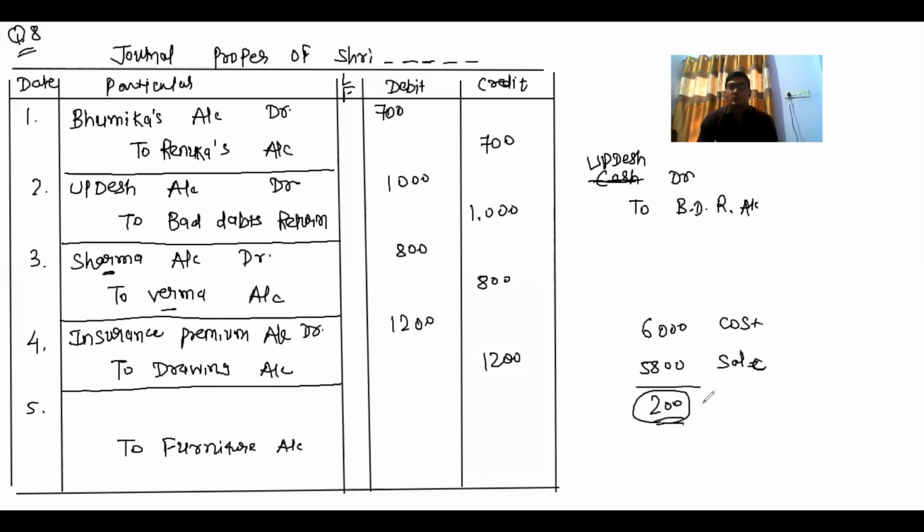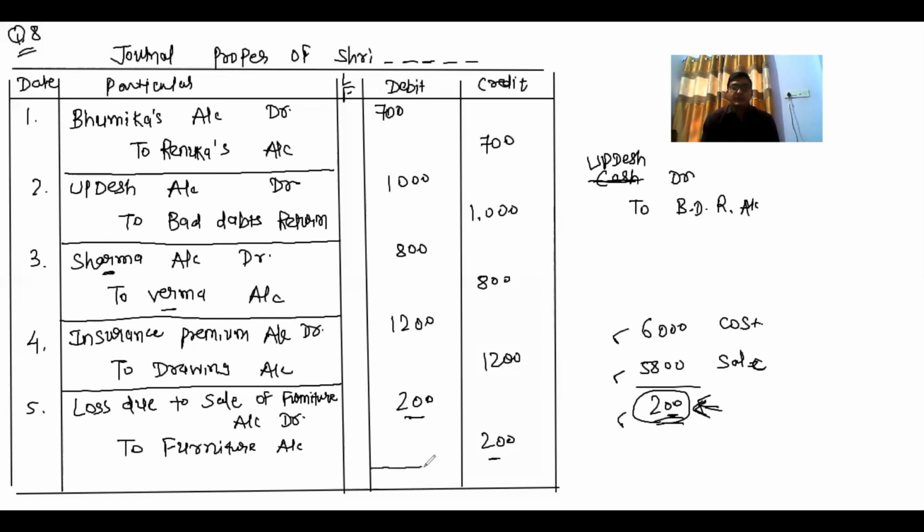So we have to record only the loss in this transaction. Amount is loss 200, furniture account credit, and loss account debit, meaning loss due to sale of furniture account. Got it? Cost value 6000, sale value 5800, loss is 200. So only for the loss amount we record loss account debit and furniture account credit.